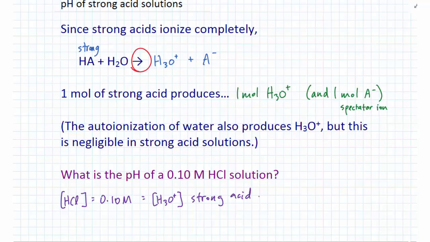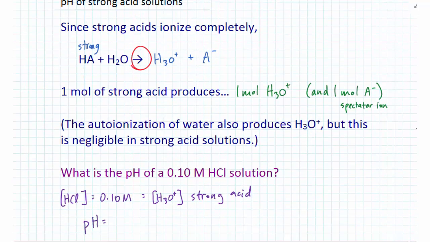So, what would we do for pH? P function. Negative log of 0.10. 0.10 is 10 to the minus 1. So the negative log of 10 to the minus 1 is just 1.